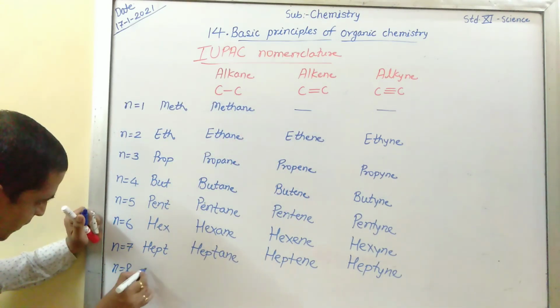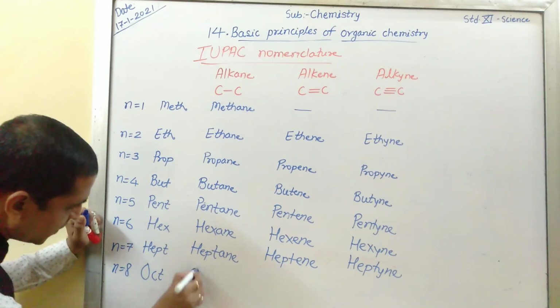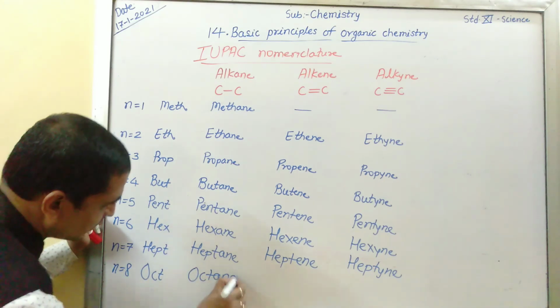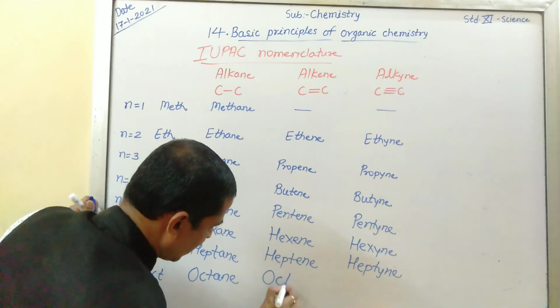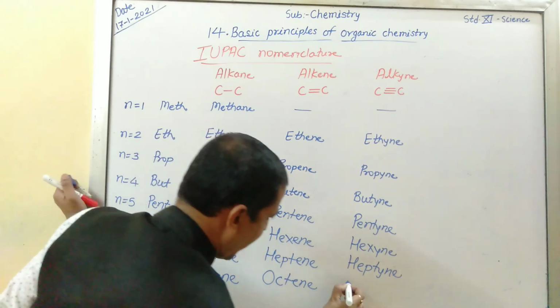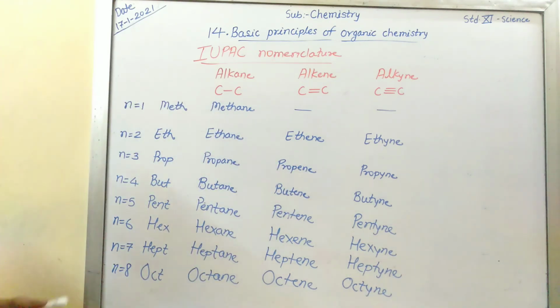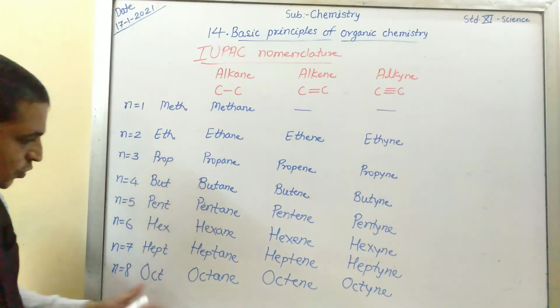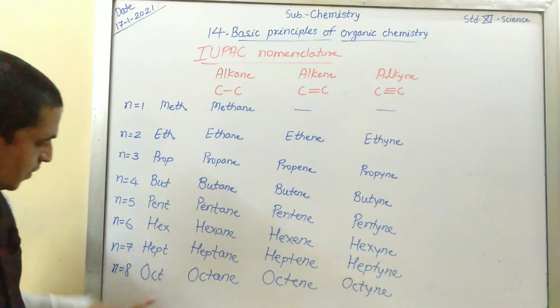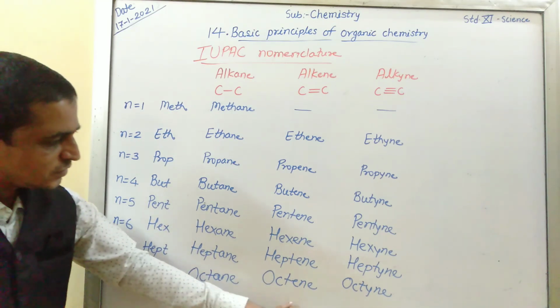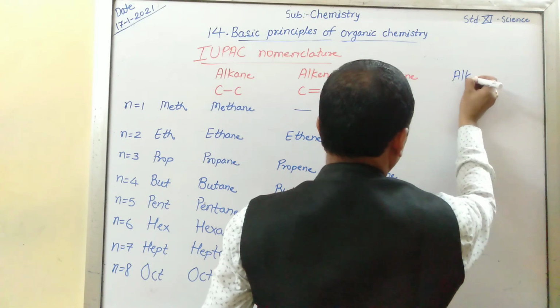If n is equal to 8, then you get oct: octane, octene, and octyne. Similarly, you get nonane, nonene, nonyne, and decane, decene, decyne.